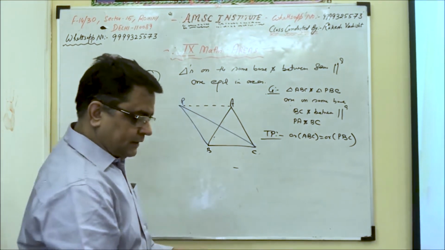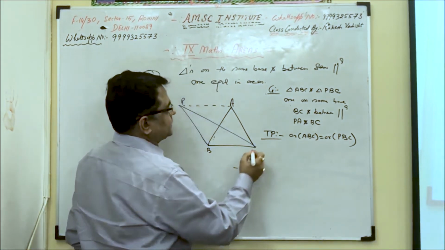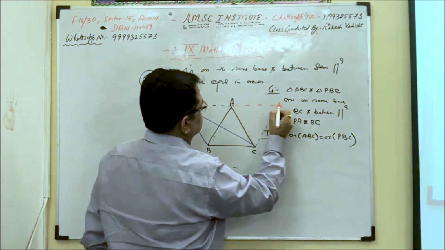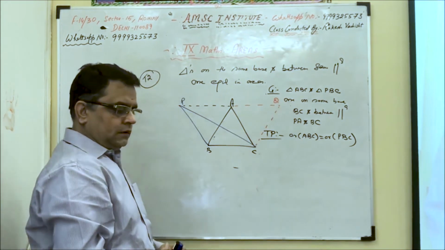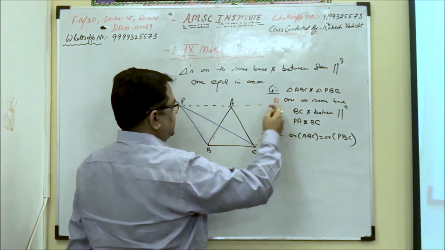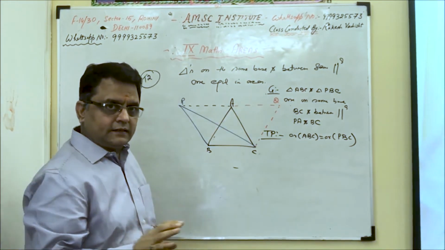वही हम यहाँ यूज करेंगे. कैसे यूज करेंगे? यहाँ मैं कंस्ट्रक्शन कर रहा हूँ. What I did, I created CQ parallel with AB. Is that clear?